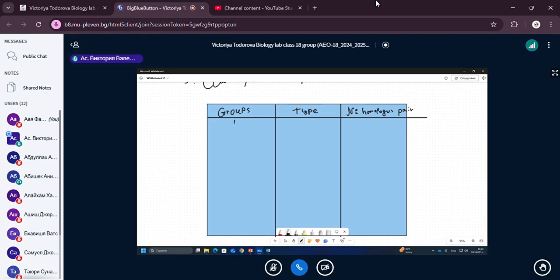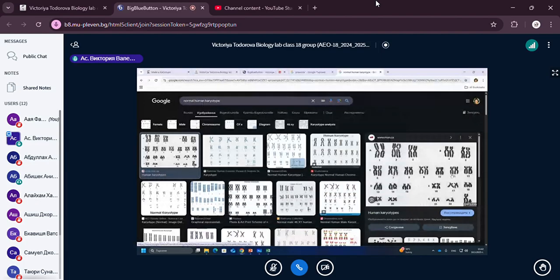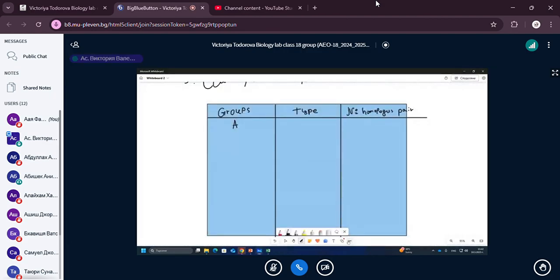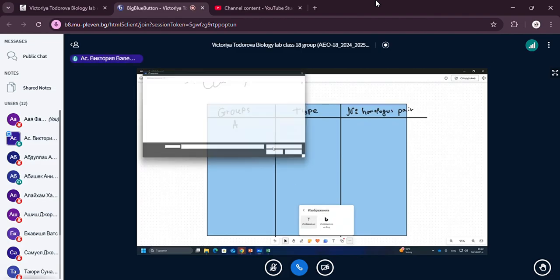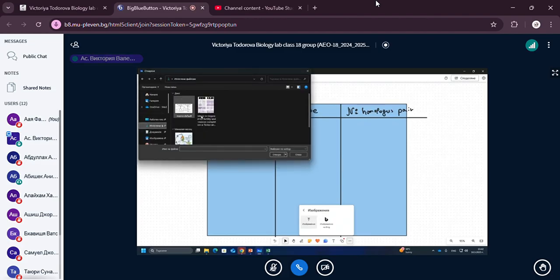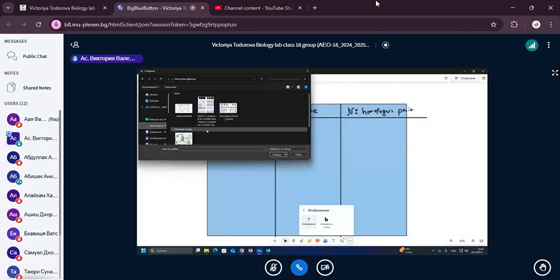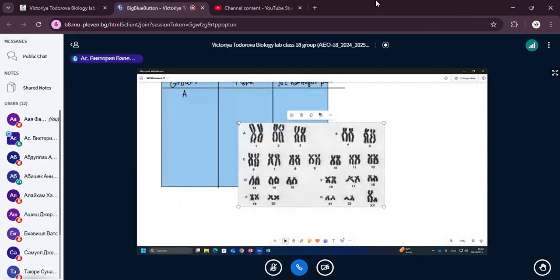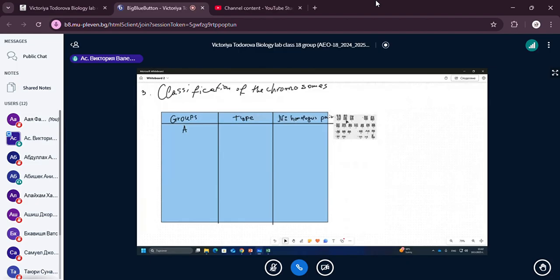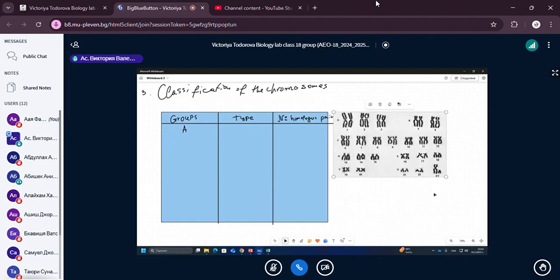Okay, the first group is group A. If I take one example from Google and put it here, I'll make it larger to be more visible.